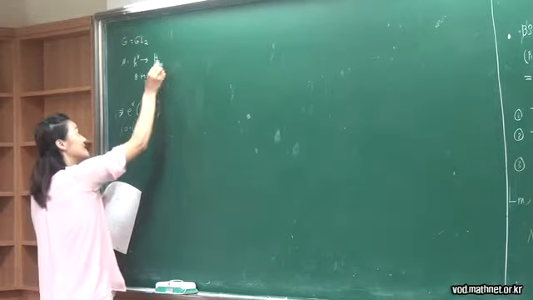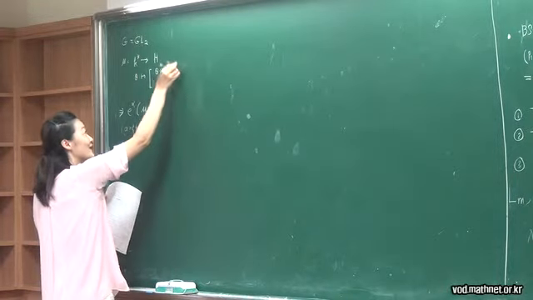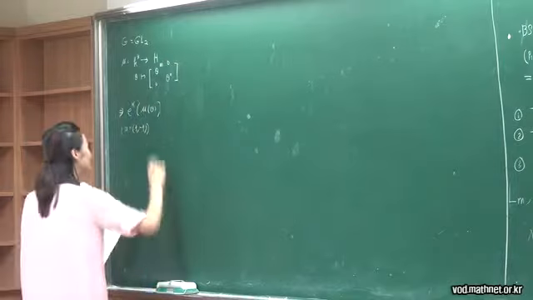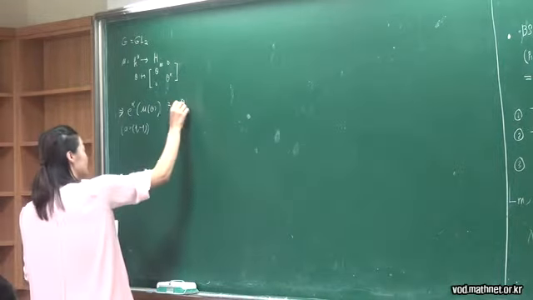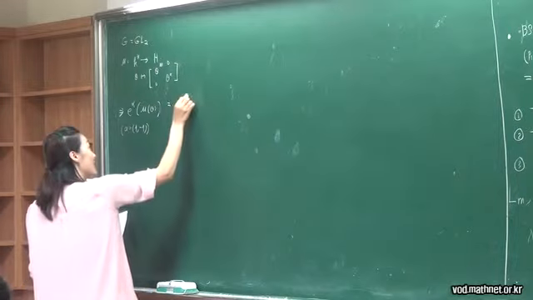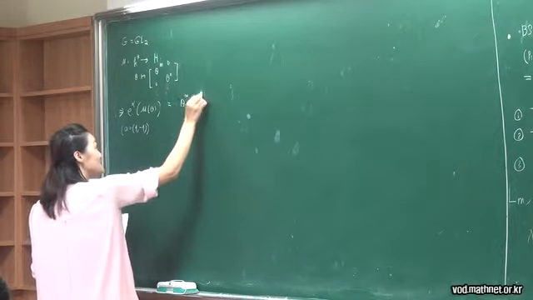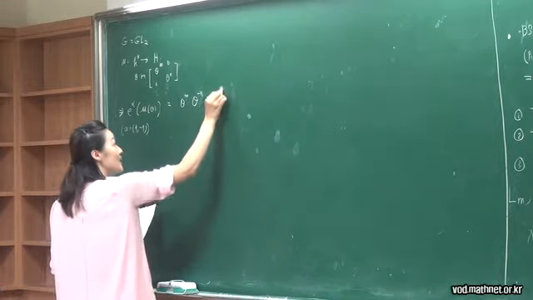So generally, this will be theta to m times theta to minus n. So it's theta to m minus n.